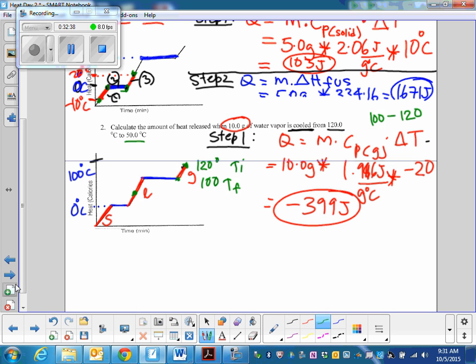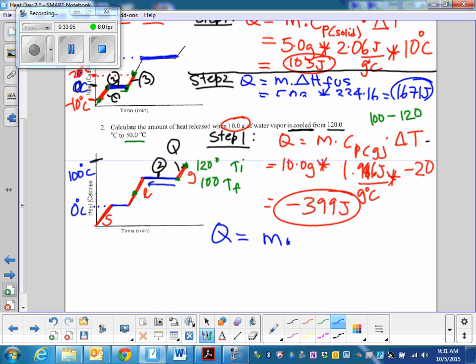What is happening at step 2? I did step 1. I'm now in step 2. What is happening here? Q equals M times. It is going in this direction. Gas is becoming a liquid. What is the change?